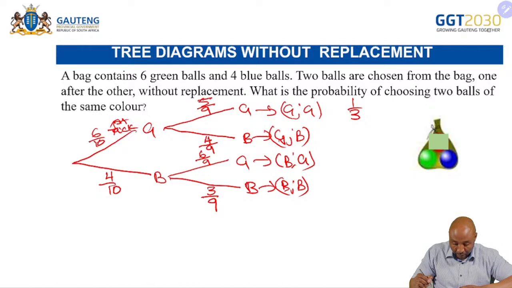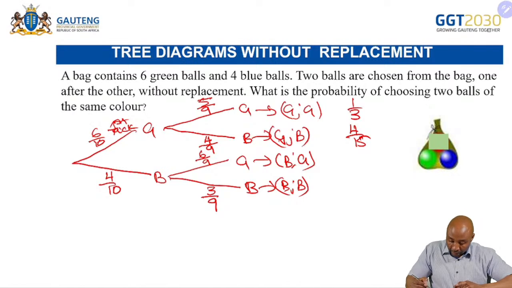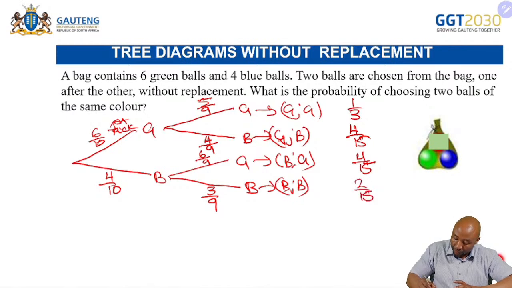We get 3 over 9, which gives us 1 over 3. 6 over 10 and 4 over 9 will give us 4 over 15. 4 over 10 and 6 over 9 will also give us 4 over 15. And 4 over 10 and 3 over 9 will give us 2 over 15.